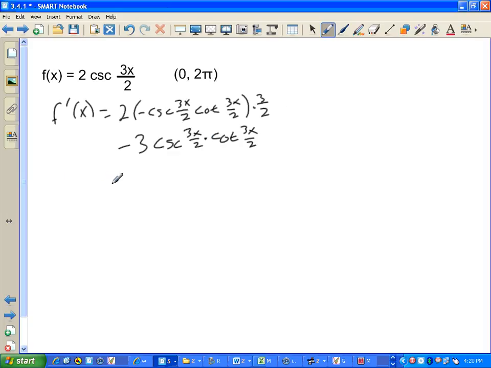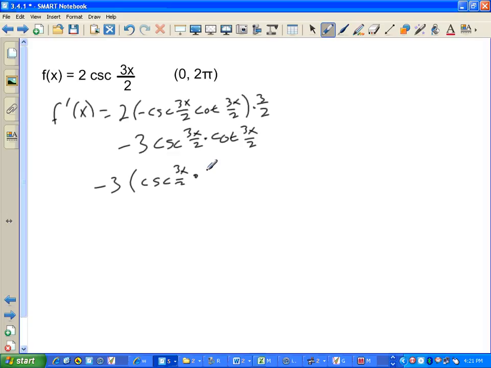Second derivative is going to require product rule. So I'm just going to leave that negative 3 out until I finish the product rule. So derivative of cosecant again is, it's product rule. First, take the first times the derivative of the second.